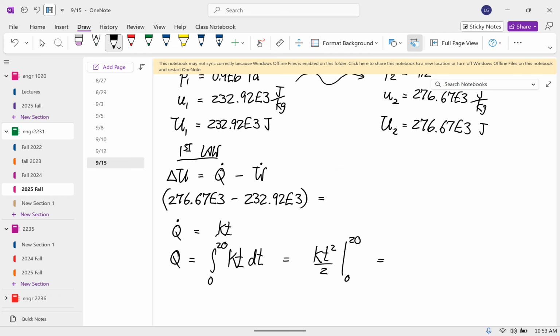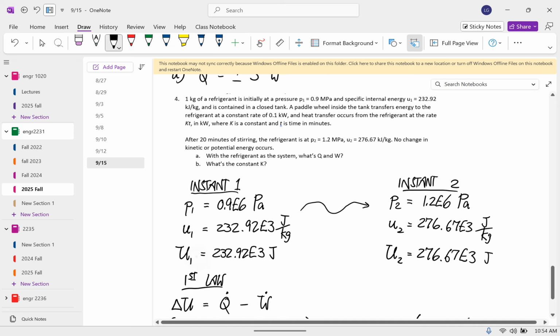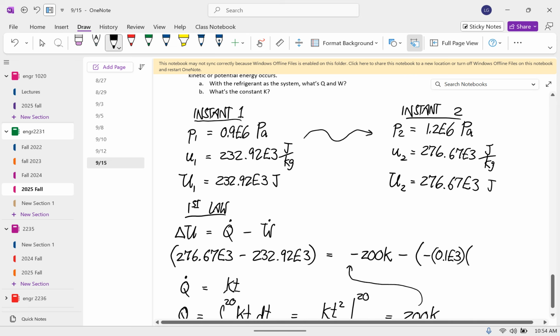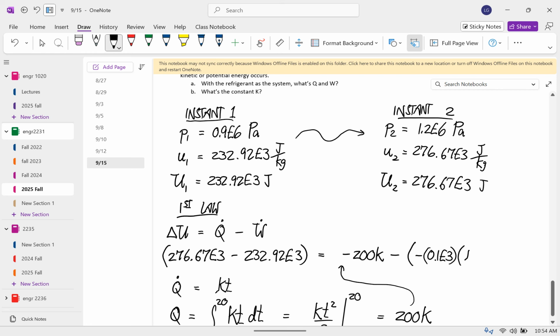W dot is negative, so this is negative 0.1 times 10 to the third, because it's kilowatts, not just watts, times 1200.